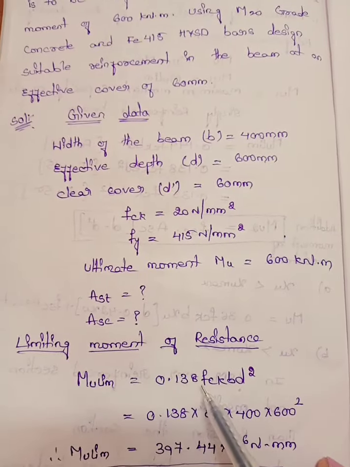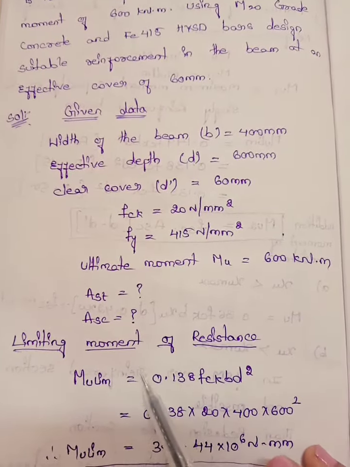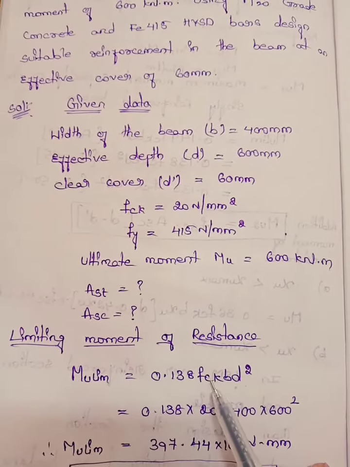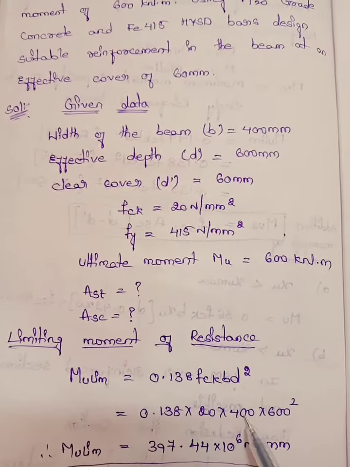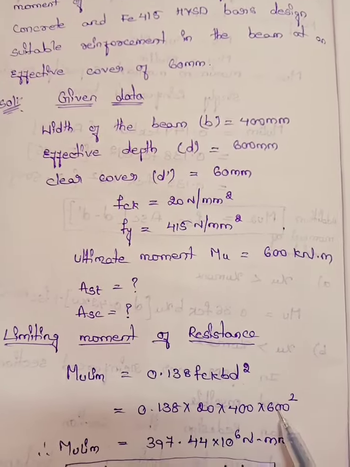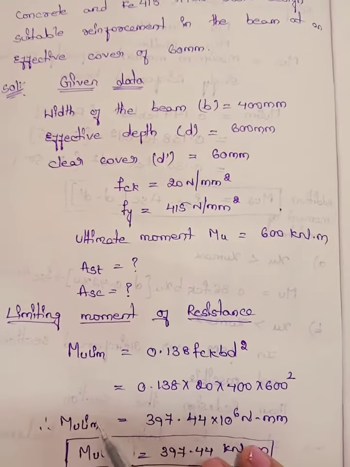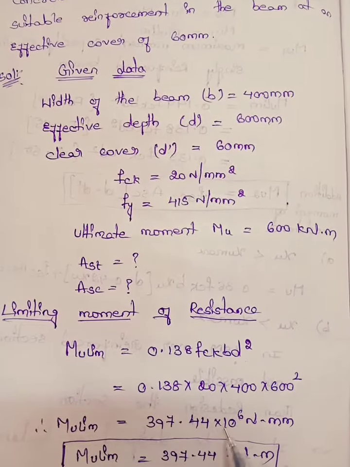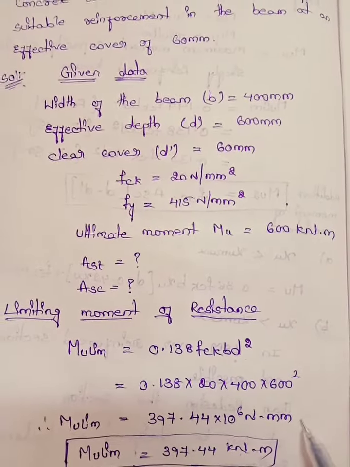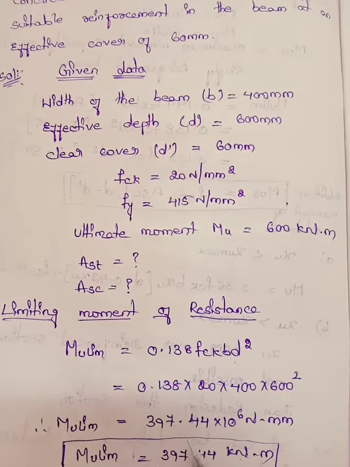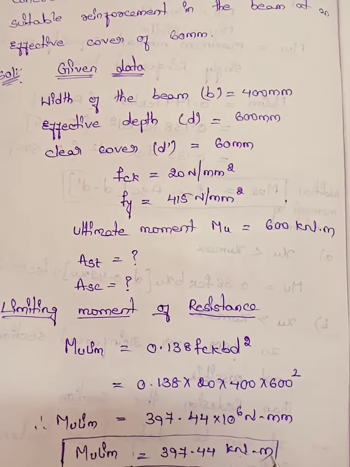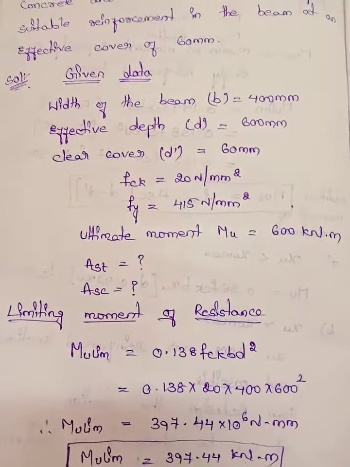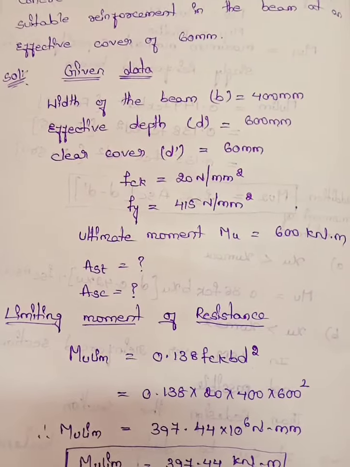We know FCK is 20, B is 400, and D is 600. Substituting all the values, Mu limit is equal to 397.44 into 10 power 6 Newton mm, or 397.44 kilonewton meter. So we have calculated the limiting moment of resistance.